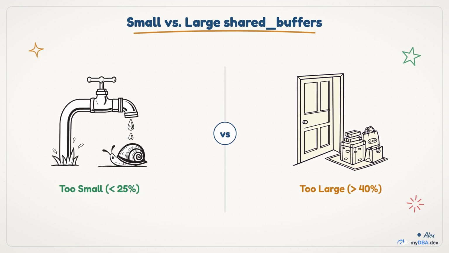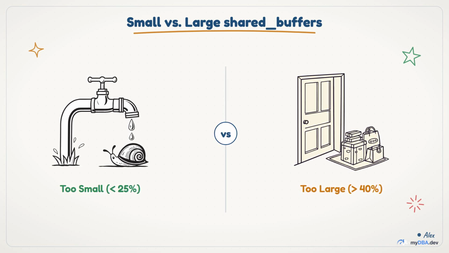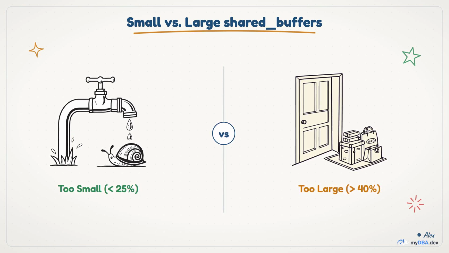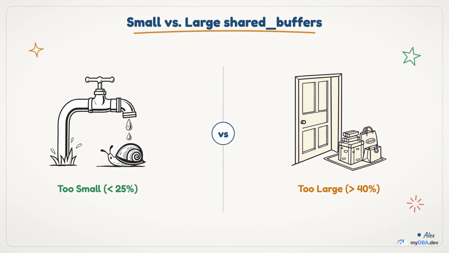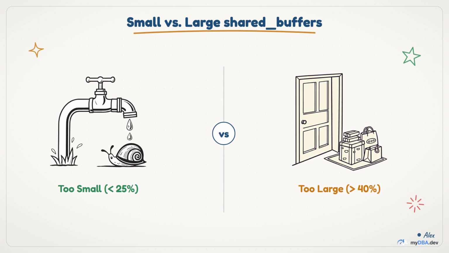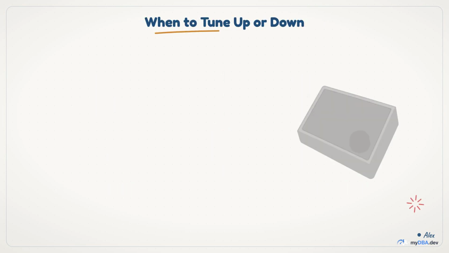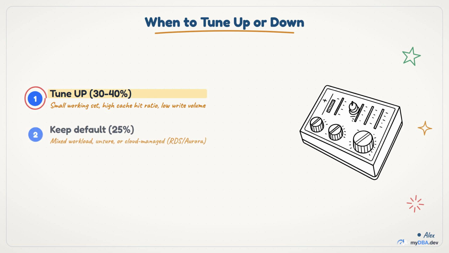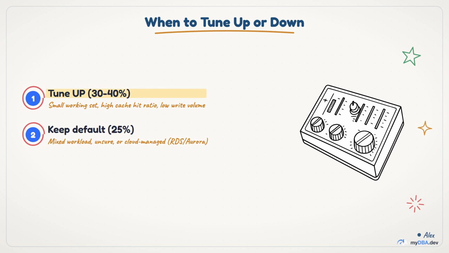OLTP systems with a small, really hot working set do well with 25 to 30%. Data warehouses doing big scans benefit from leaving more for the OS cache, sometimes as low as 10 to 15% shared buffers, because most reads are sequential and won't be reused anyway. If your cache hit ratio is already 99% and your working set fits comfortably, there's no point going bigger.